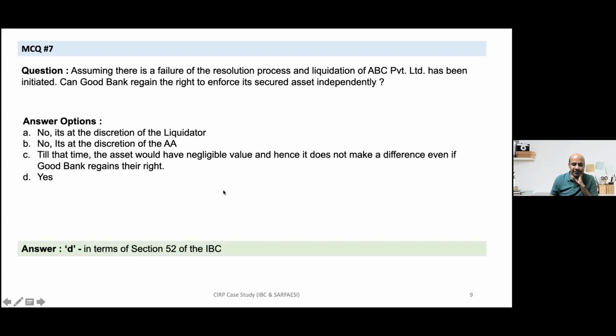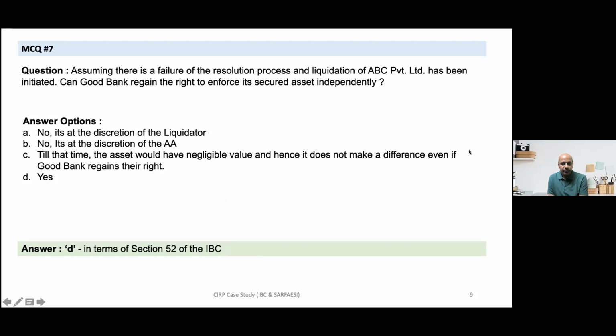So yes, in terms of section 52, Good Bank can regain the right to enforce, which means now the possession of that asset is with Good Bank, and now it will have the option to sell that asset, or they can do whatever they want, and they can of course follow the process as per the regulations and the code, informing the liquidator and so on. So those things should be taken care of. But yes, Good Bank will have the option to enforce the security asset independently.